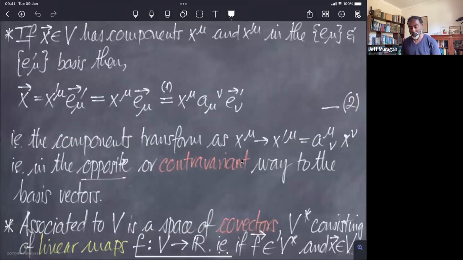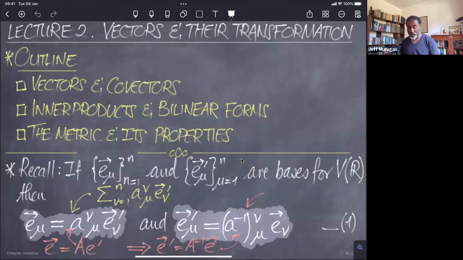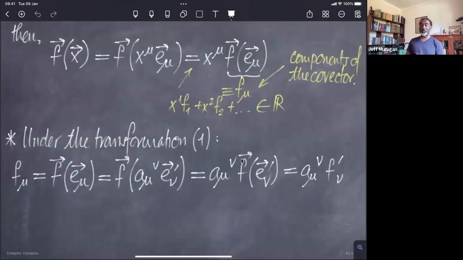Again, the unprimed is expressed in terms of the primed like this and not like this. So the components of a vector transform like this. The components of a covector transform exactly the same way as the basis vectors.